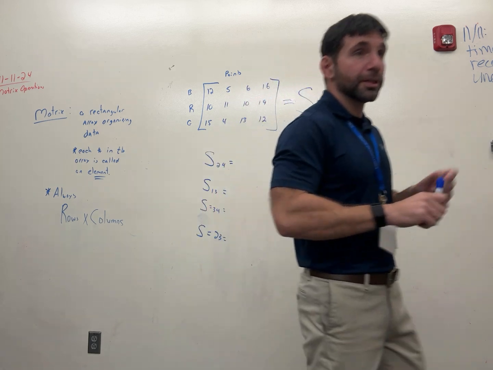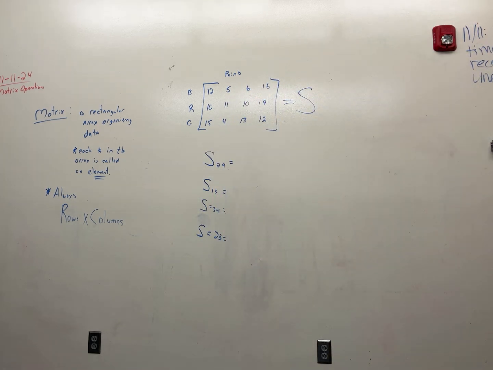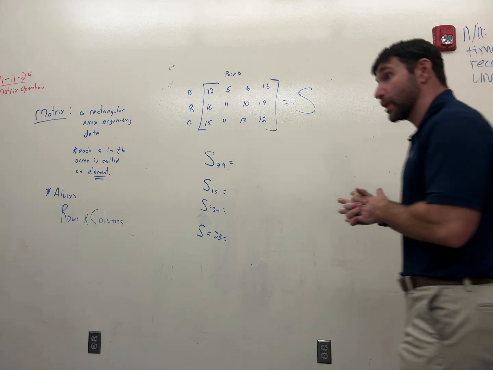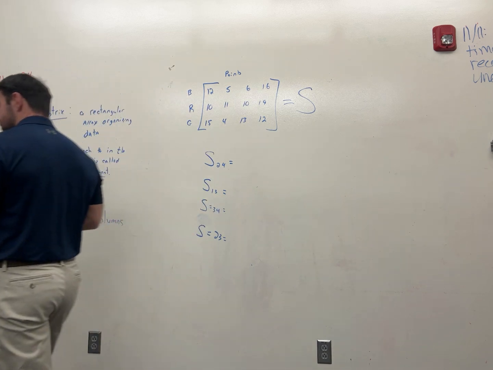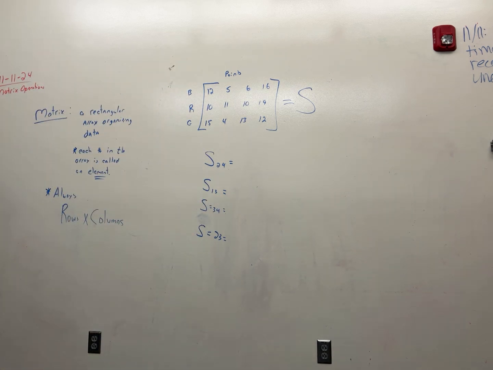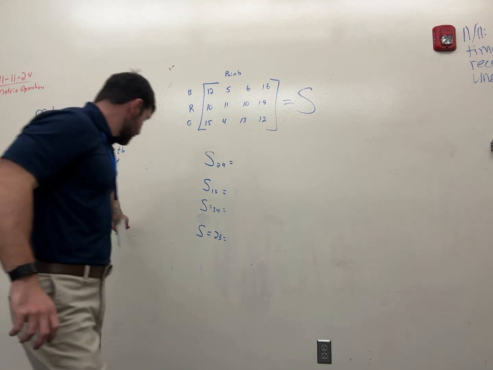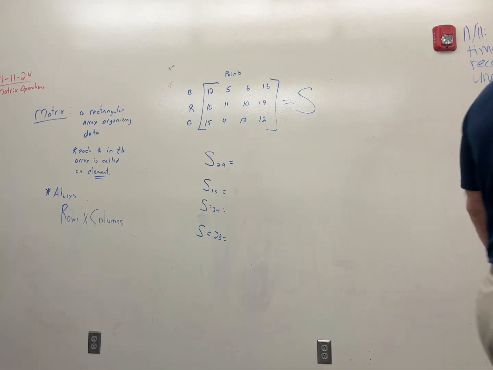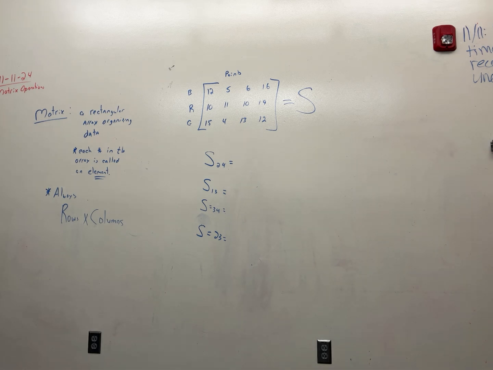Today it's very important that you know row by column and that you know how to find each individual piece of data, because tomorrow we're going to add and subtract with these matrices and you need to know where we're at. That's most important. And remember, it's always rows by columns.